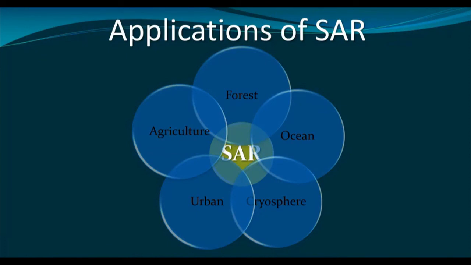However, the entire agricultural application cannot be covered by SAR. You have to understand that only a small portion of the agricultural research or agricultural activities will be controlled by the SAR or will be benefited by the SAR. So, do not try to overestimate things.